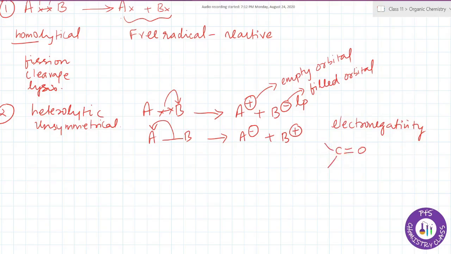You have a reaction where the bond shifts to this atom because O is more electronegative. Therefore, the electrons in this bond get shifted to the more electronegative atom. So the shifting in heterolytic cleavage depends on the electronegativity of the atom. Whichever is more electronegative will have that.